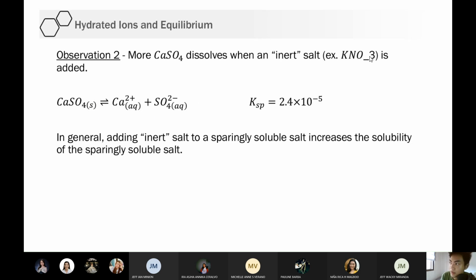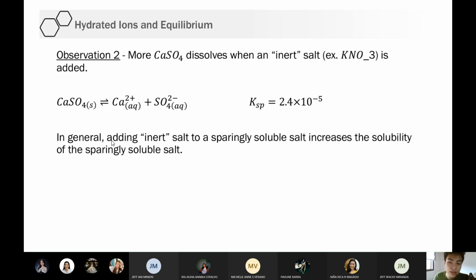In this example, suppose they added the same salt, potassium nitrate. What happens to the equilibrium system when you add the salt? According to observations, and this can actually be done in the laboratory, when they add potassium nitrate or inert salts, meaning salts that do not react with our ions, the solubility of the precipitate increases.